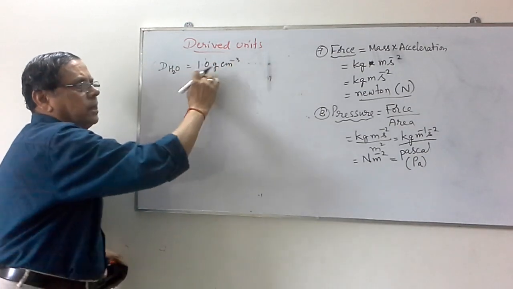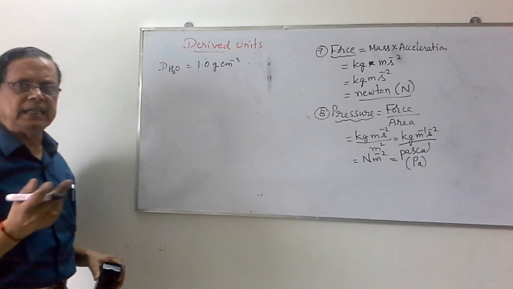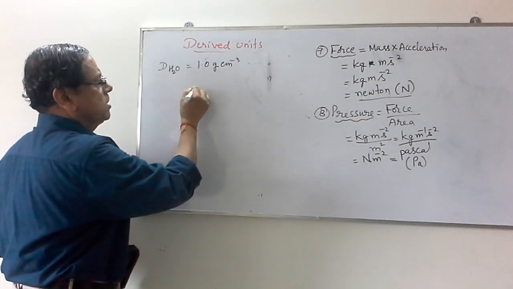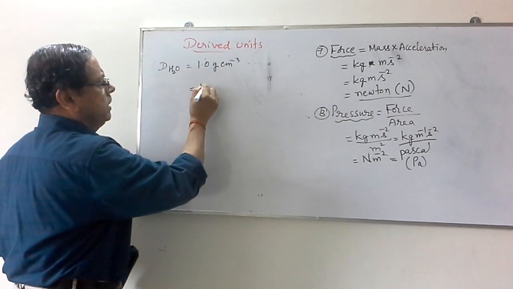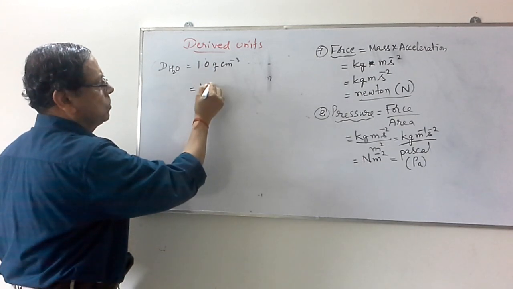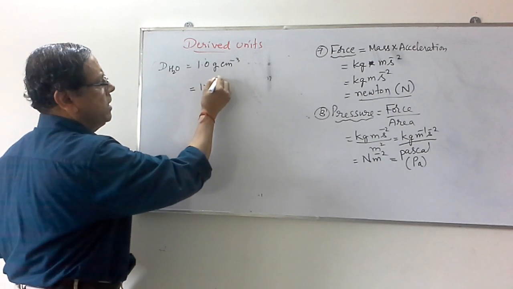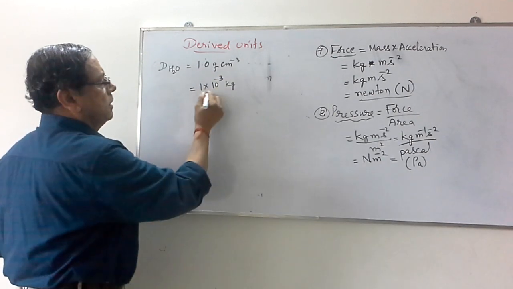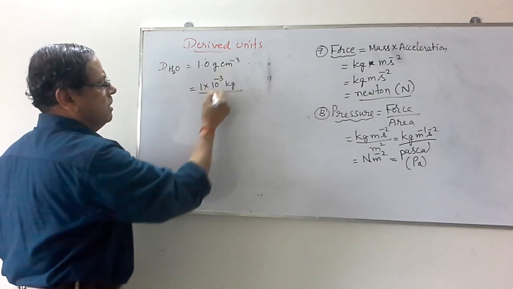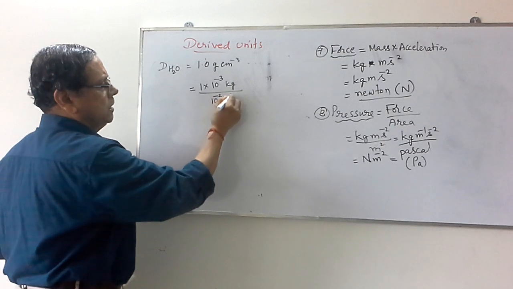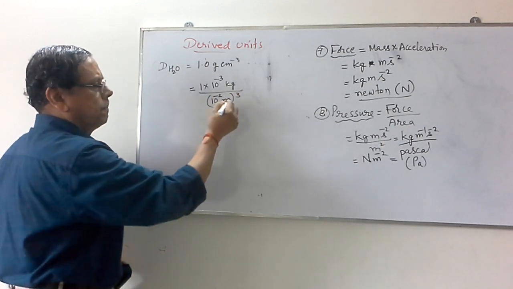If you are asked to calculate the density in the SI system, then we can do this conversion. 1 into gram is converted to kg, that is equal to 10 to the power minus 3 kg. Then divide by cm cube. Cm stands for 10 to the power minus 2 meter, whole cube.